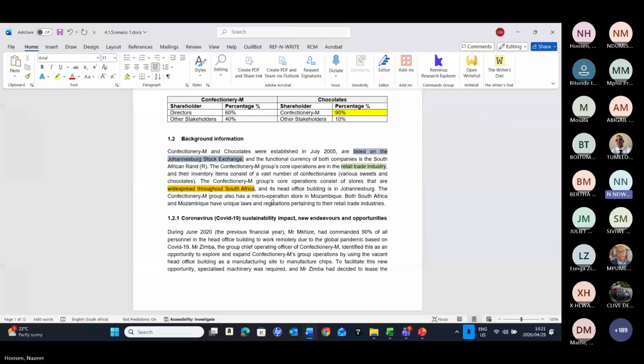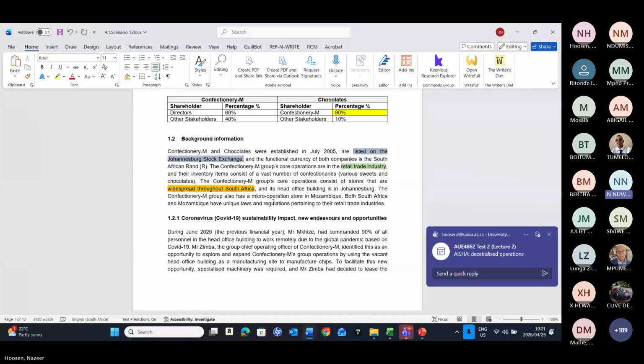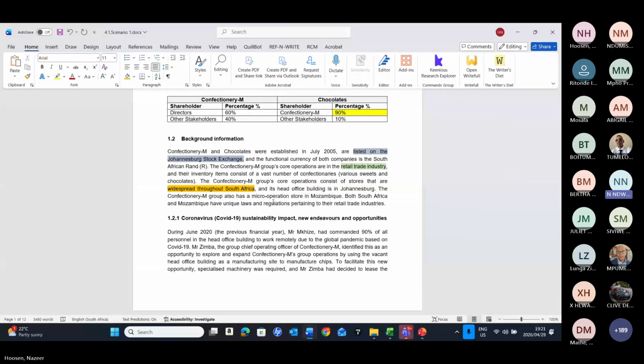Like the risk of, I'd say, not being able to have sufficient, I'll put it in layman's terms, not having sufficient resources to actually cover the wide scope.